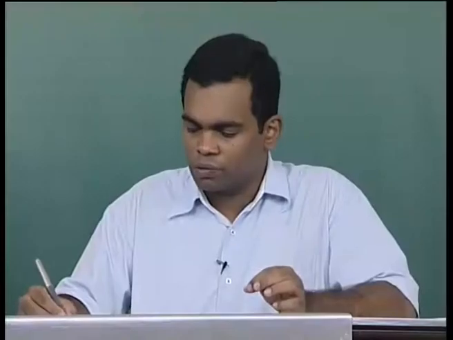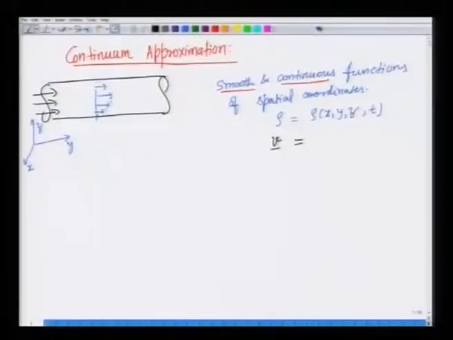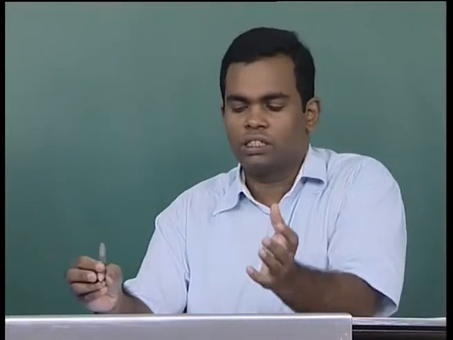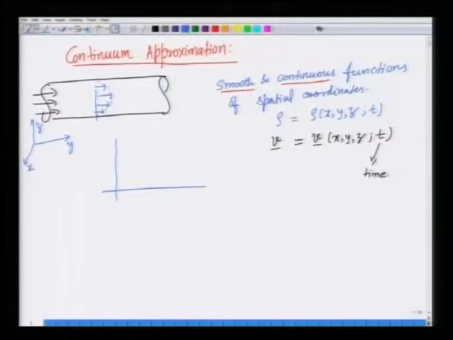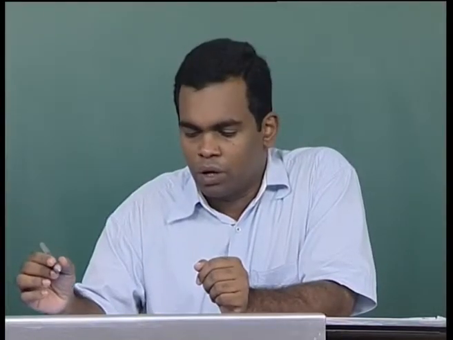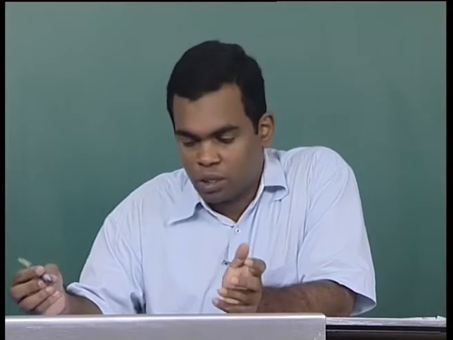So, all these quantities, velocity is a vector, it has both magnitude and a direction. Velocity is also a function of all the three spatial coordinates, and t is time. Okay. So, what the continuum approximation says is that you can plot all these properties. If you take density as a function of x, it says that you can plot this as a smooth function.